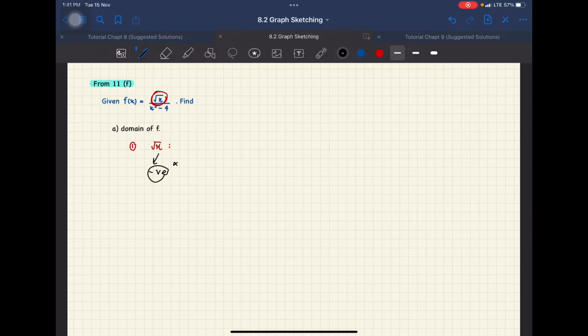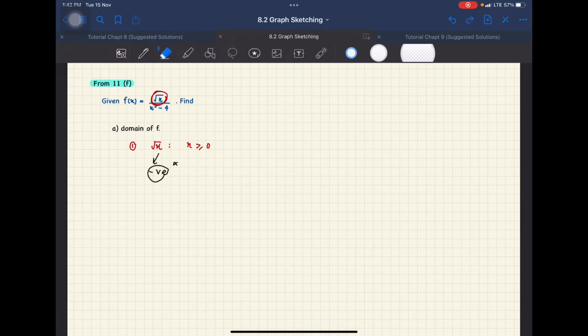So bila tak boleh negative number, maksudnya dia akan start dengan kosong dan positif lah. Kita masukkan 0 kat sini boleh, kita masukkan 1 boleh, 2 boleh, 3 and so on boleh, asalkan dia bukan negative number. So maksudnya for the square root function, our domain is gonna be X is greater than or equal to 0. Itu sahaja.